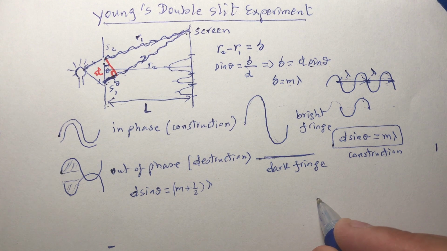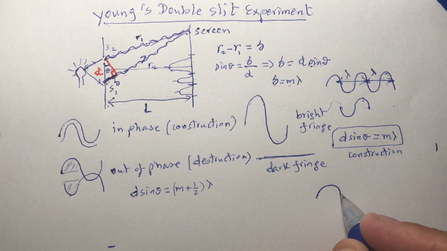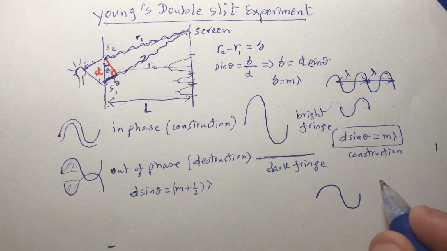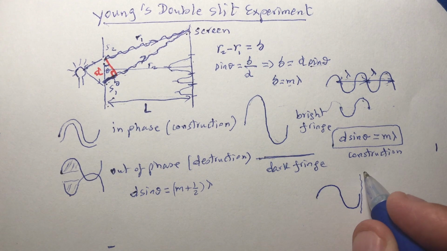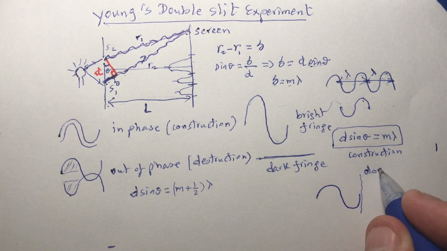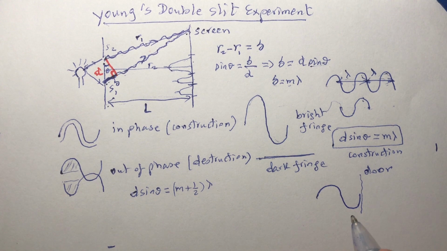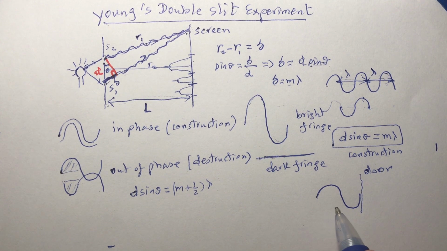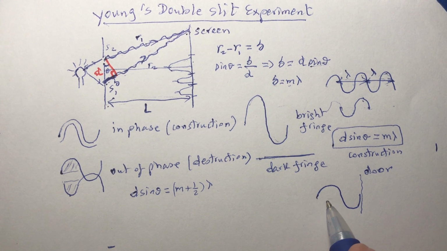So let's see. Here is a wave. It's coming out to the door. Here is the door. I put the door here. Now, the other one is behind this one by half wavelength, which means it looks like this.